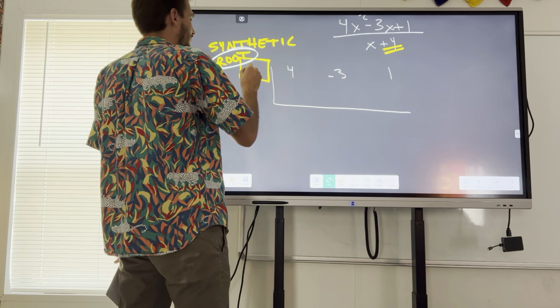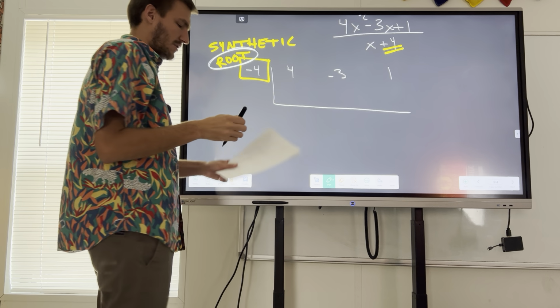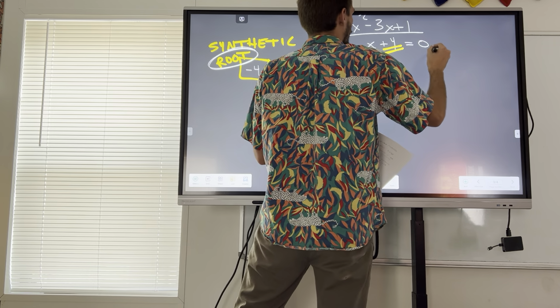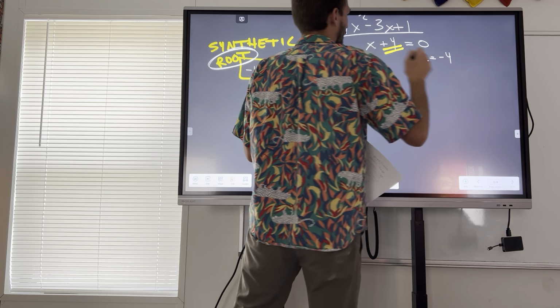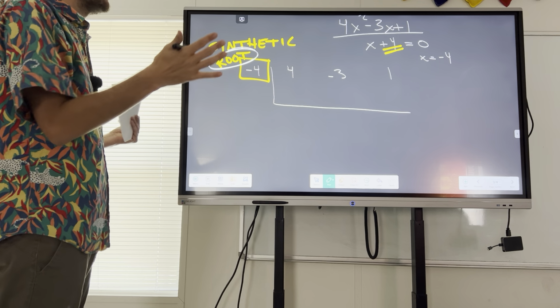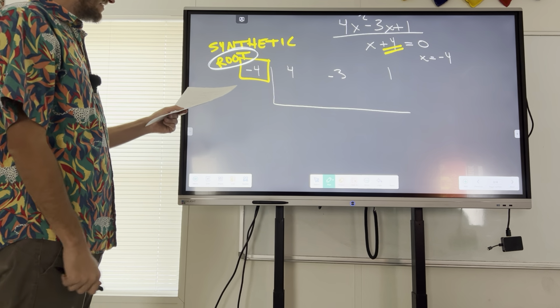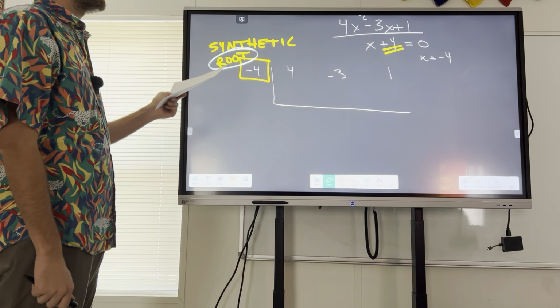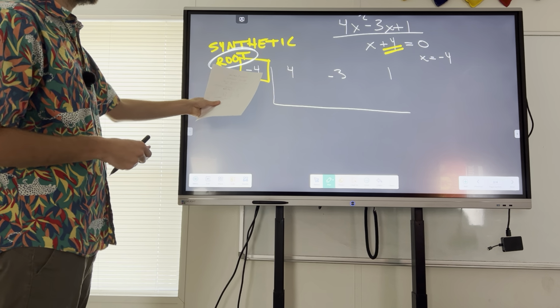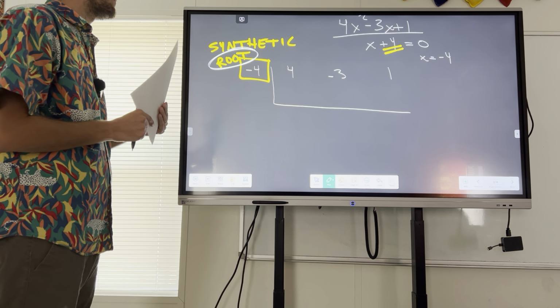We have to use the -4, once you've set it equal to 0. You don't want to use factors, you want to be setting these equal. I'm not sure if you can call that a root because it's the bottom that equals 0, not the top. But anyways, we're going to divide by this, -4.